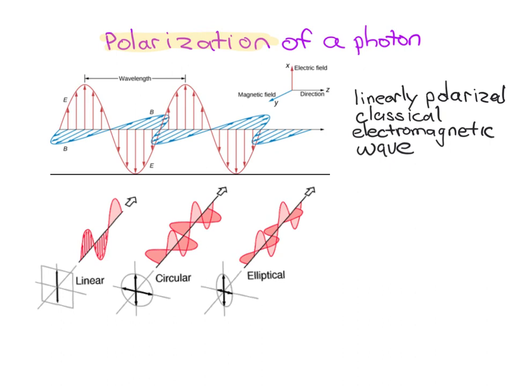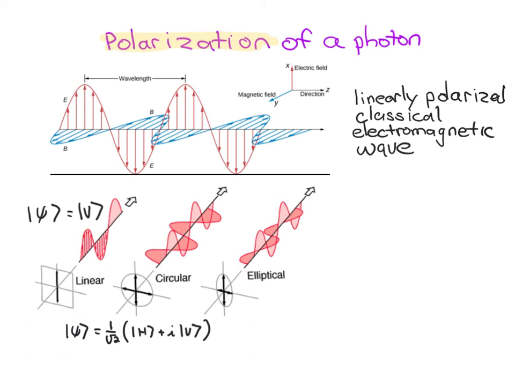And the question is, how do we deal with polarization on the quantum mechanical level when we're talking about single photons? Well, the short answer is that while the idea of polarization of a photon is a little bit more abstract than in the classical case, you can't really point to a vector associated with an electric field that's pointing in a particular direction, a lot of the ideas for describing classical polarization really carry through to describing the polarization of a single photon. So we can talk about the polarization state of a photon, and we'll describe the polarization state of a linearly polarized photon this way.